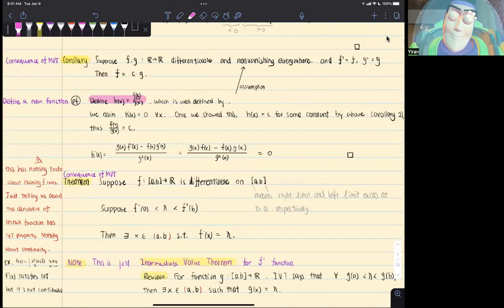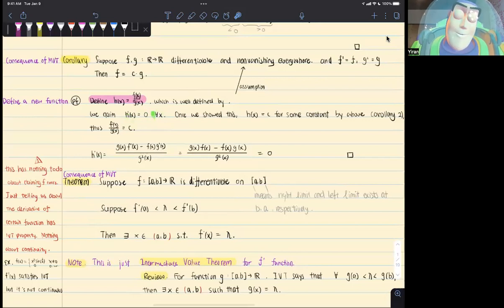Okay, since f and g are non-vanishing everywhere, g of x, which is at the bottom, can never be 0. Therefore, this expression is defined all the time. No worries. Now we claim h prime of x is equal to 0 for every x on R. Why do we want to do this?